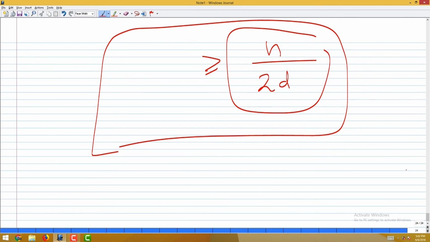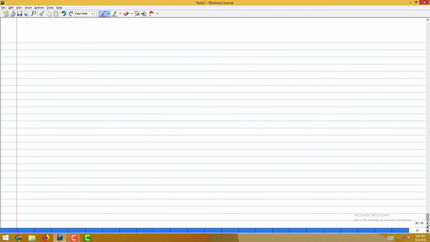So you destroy all those edges by removing one endpoint of each edge. What is left is x minus y, because y vertices will be removed from x, so x minus y will remain anyway, and we know that selection was such that x minus y was at least n by 2 d. So the remaining is an independent set. So we get an independent set of cardinality at least n by 2 d.